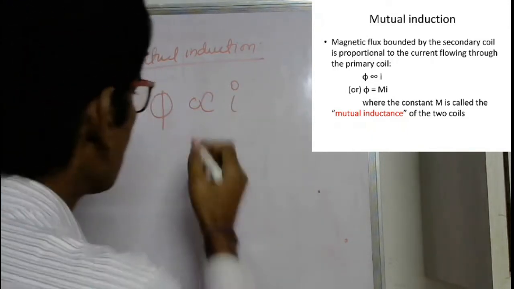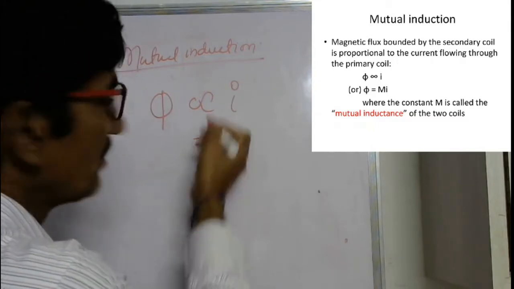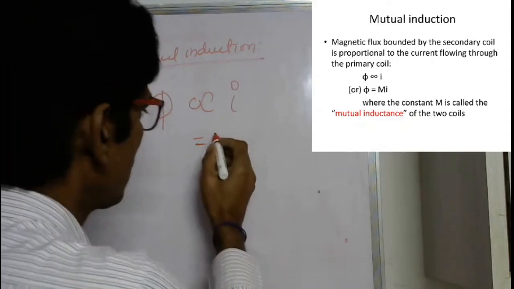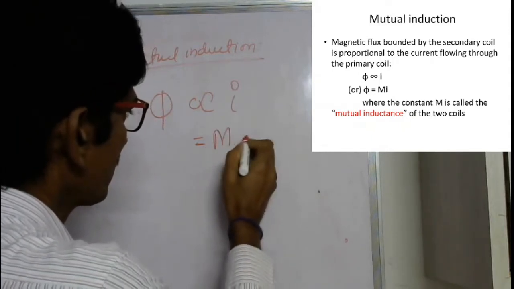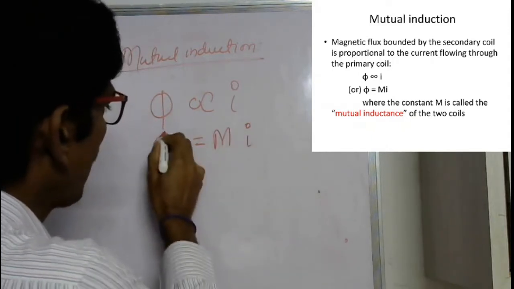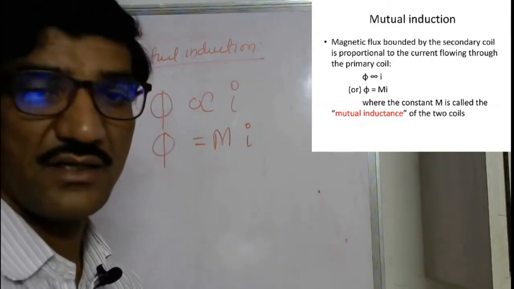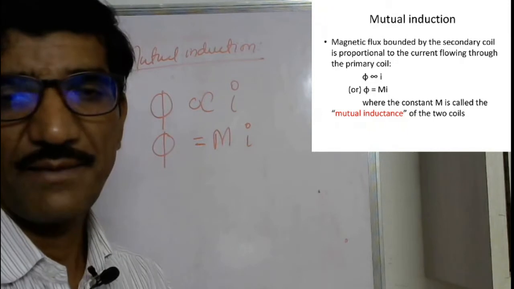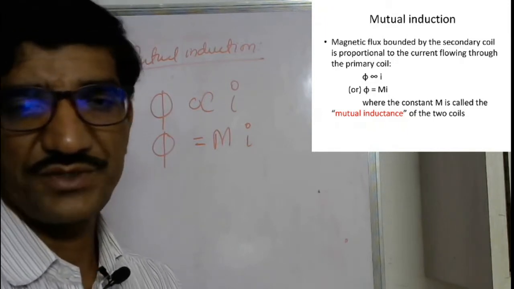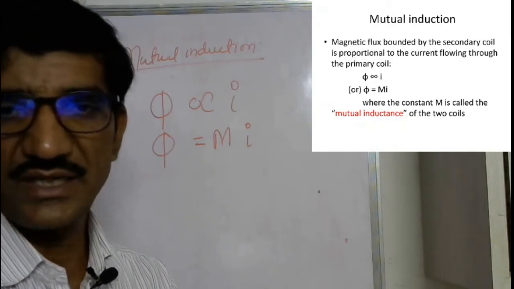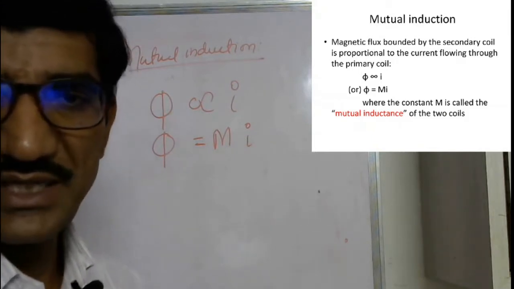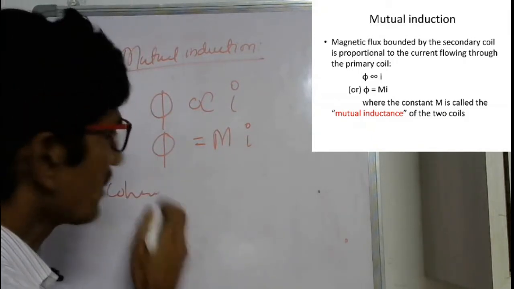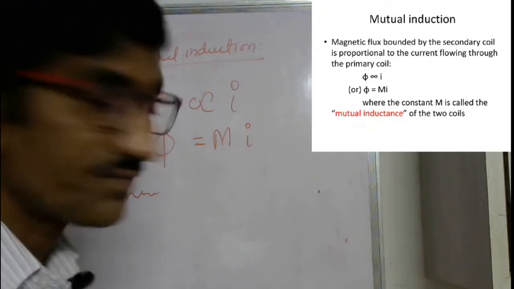Whenever you remove the proportionality symbol, you have to introduce a proportionality constant. Let us call that M. So now we have phi equals Mi. In case of self-induction, you have phi equals Li, where L is the coefficient of self-induction or simply inductance. Here M is the mutual inductance or the coefficient of mutual induction.